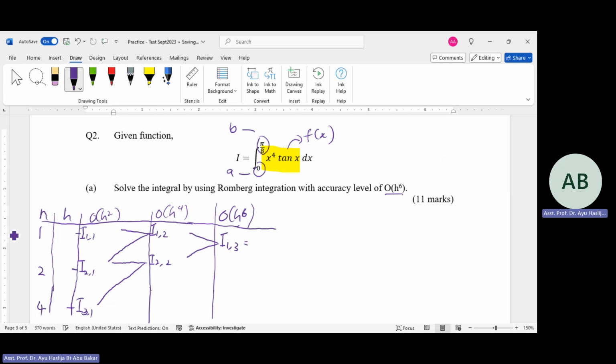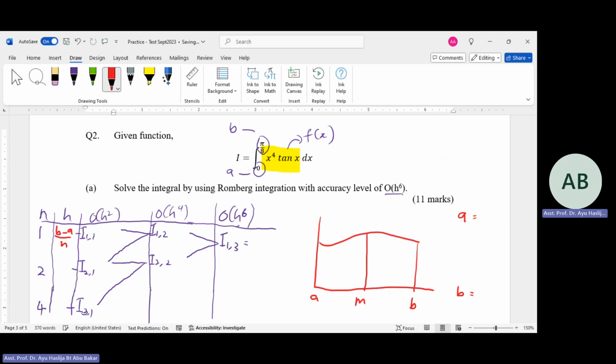Now, to find the H, to identify the data points that we require, it should be within A and B. For N equals 1, one segment, your data points are A and B. H is B minus A over N. For N equals 2, you have two segments, so this one segment is divided into 2.